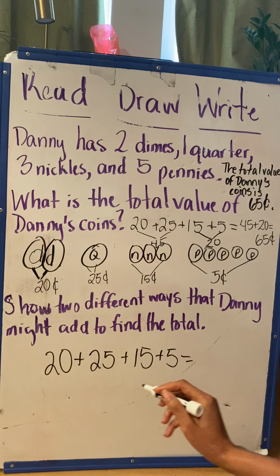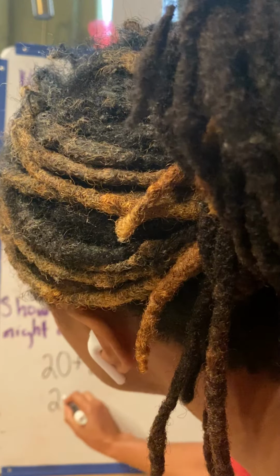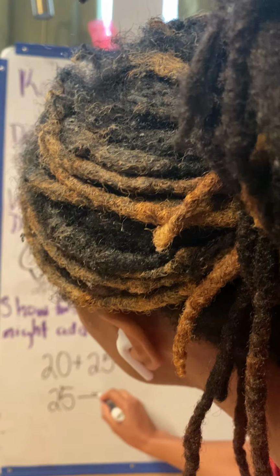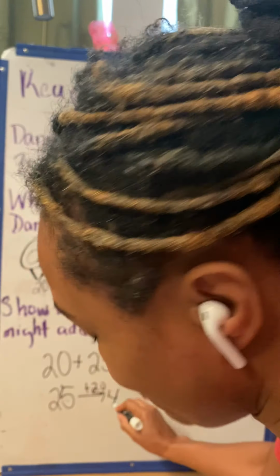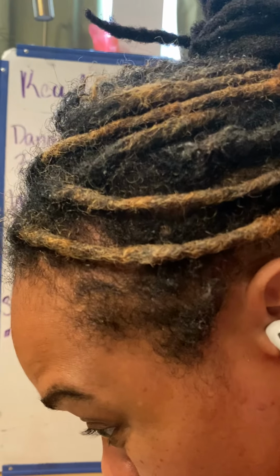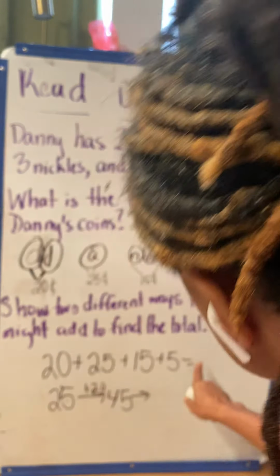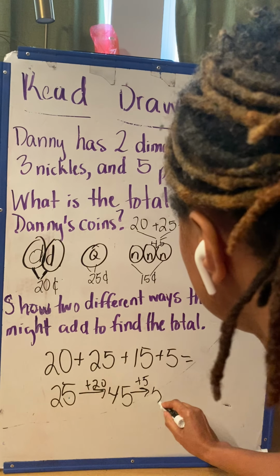We could use the arrow way. We can start with the highest amount and say 25 and add 2 more 10s, which will give us 45. And then we could make a friendly number by adding the 5 to get 50.